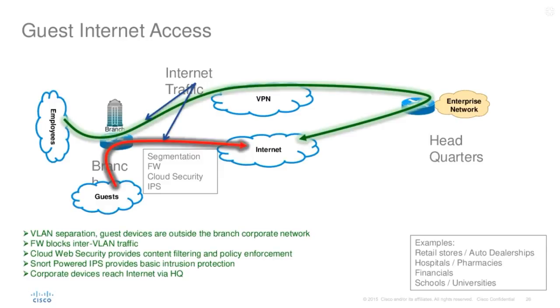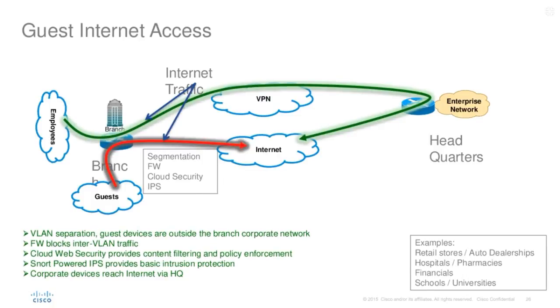And the controls usually that we'll put in place here is we'll have a firewall, so we're talking about a stateful firewall as being part of this. We're usually using some cloud web security provider to do content filtering and policy enforcement for those users.